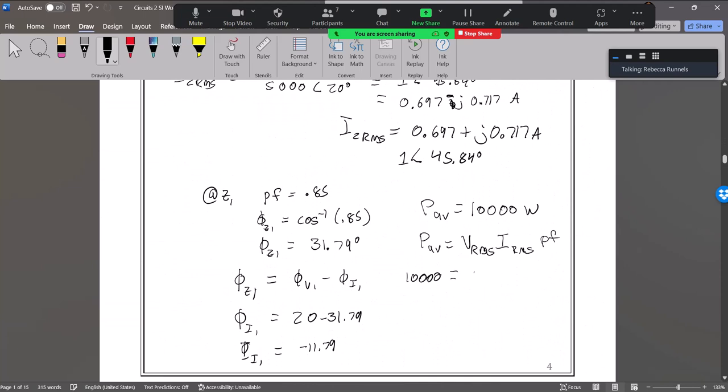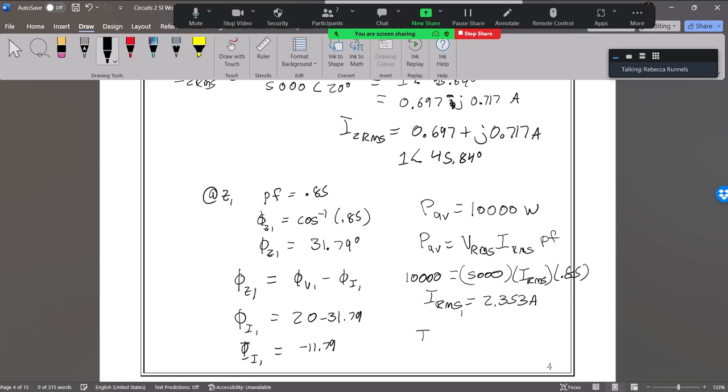So VRMS is 5,000, IRMS is what I'm looking for, and my power factor is 0.85, and so IRMS 1 is 10,000 divided by 5,000, and then divided by 0.85, and I get 2.353 amps.